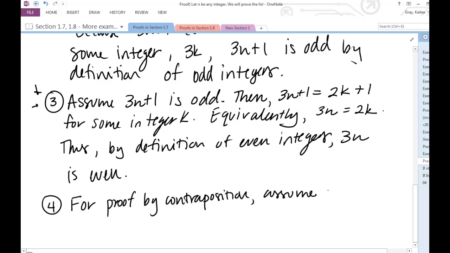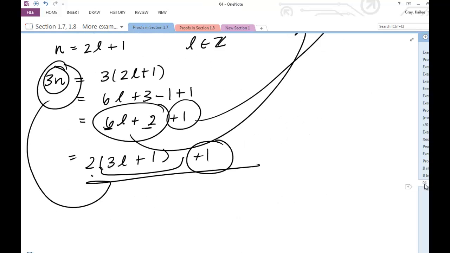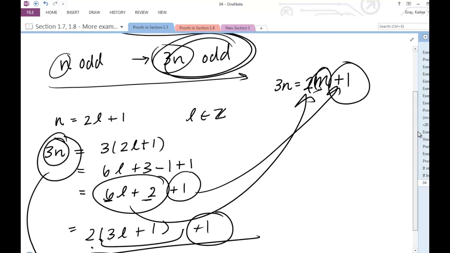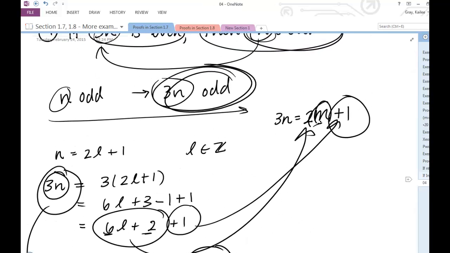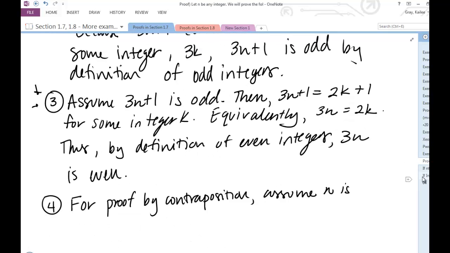I think it was n is odd. Let's double check on our sketch here. Yeah, we started with n is odd, and then we wanted to conclude that 3n is odd. All right, assume n is odd.